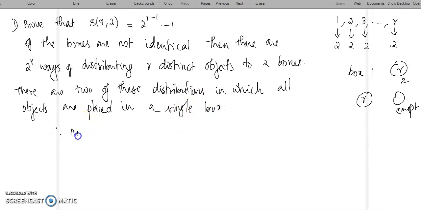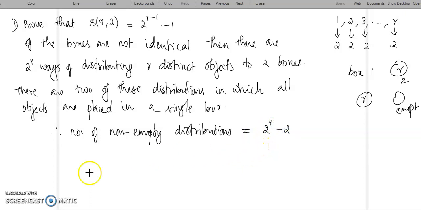So therefore the number of non-empty distributions will be equal to 2 raised to r minus 2.